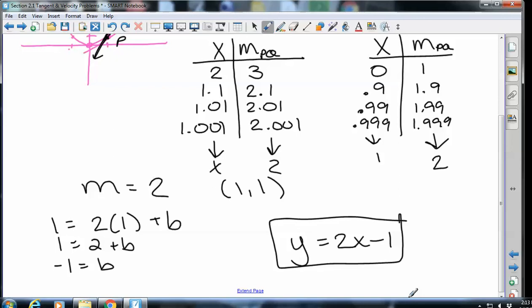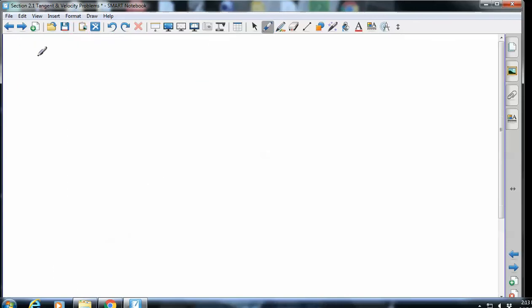Okay. So what we're really doing here, we're estimating these tangent lines, but we're really doing secant lines to get there. A secant line goes through 2 points on the graph, so we're trying to take those lines and get them closer to the one we want. So let's define that.